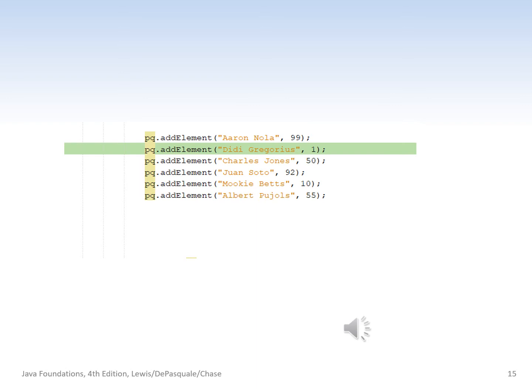Before we start looking at the implementation details, I want to walk you through a sample program. This is from the driver. I've got a priority queue already created, and we're adding some elements in this order. And I put a breakpoint on the second call to the add element method. So that has not been executed yet.